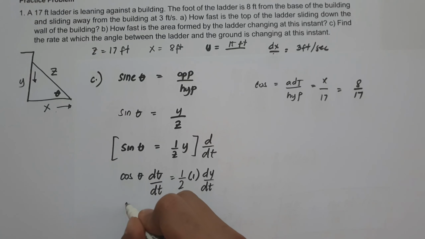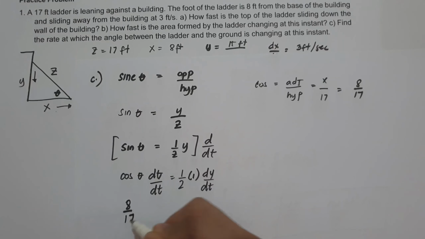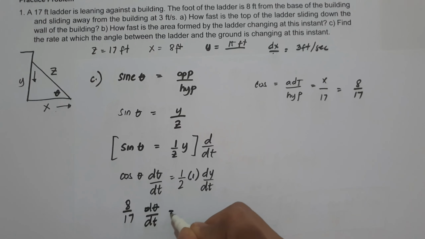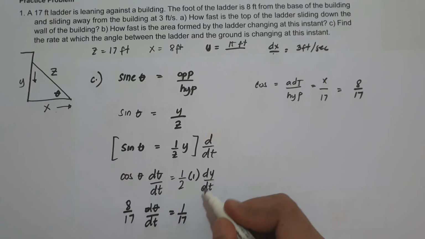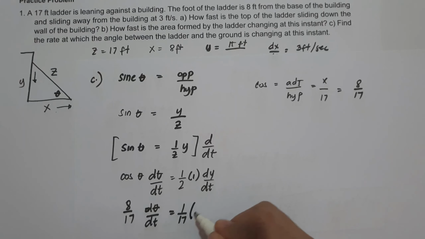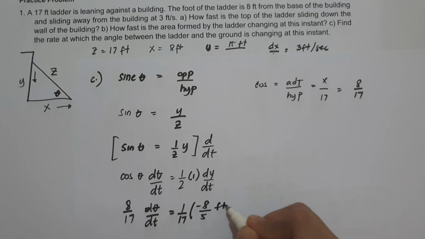So this will be 8 over 17 d theta over dt equals 1 over z, that is 17, times 1 multiplied by dy over dt, that is negative 8 over 5 feet per second. Let's cancel this one first.